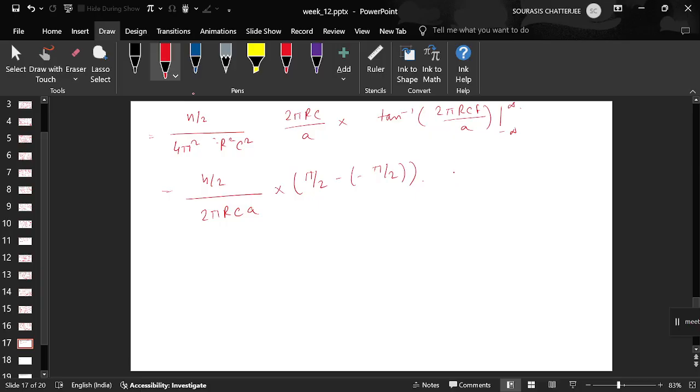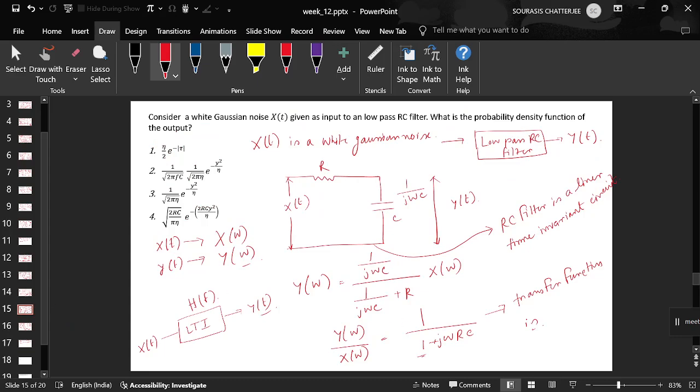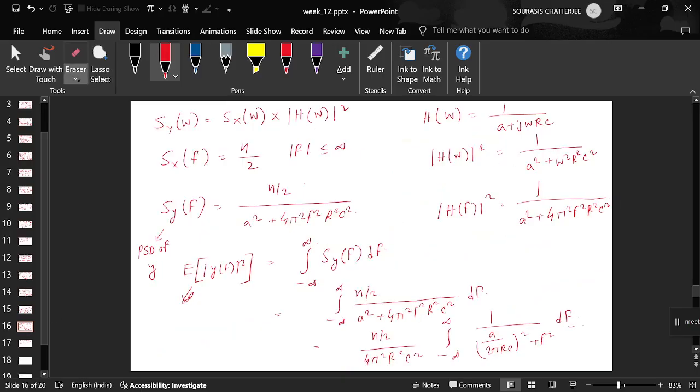So we'll have pi here, so it's eta over 4 pi RC times pi, so it's eta over 4RC. Sorry about that, the value of a is 1 here. What I was writing as a should actually be 1 everywhere.